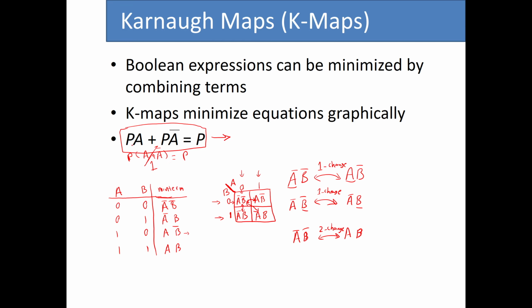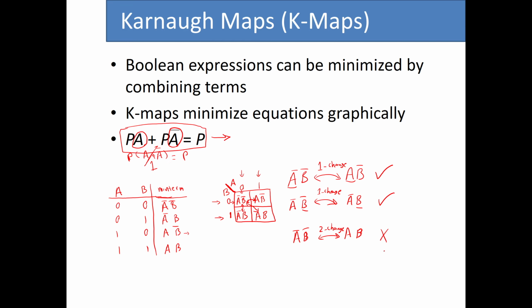In the theorem that we are looking for, we have PA plus PA bar equal P. So as you can see, only one variable is changing while the other one is fixed, right? Because we want to factor out the variable that is fixed so we can simplify the equation. So between these three, the first two satisfy the theorem, while the last one doesn't.